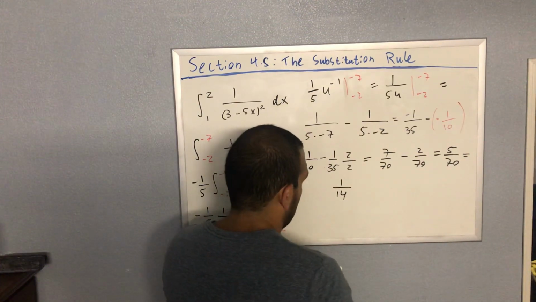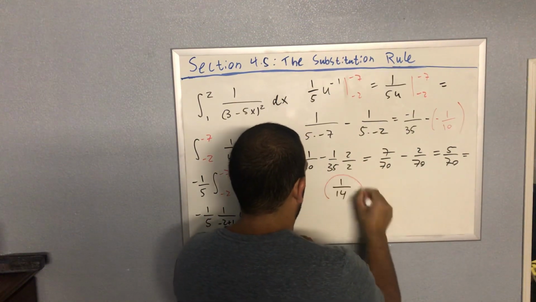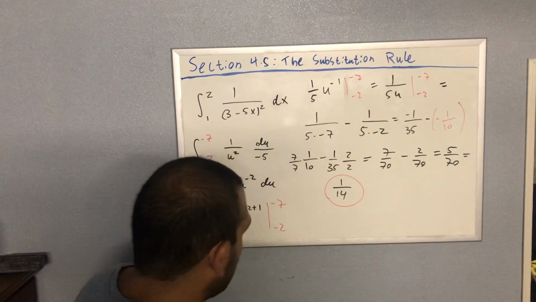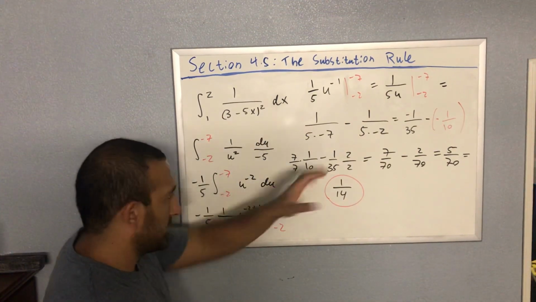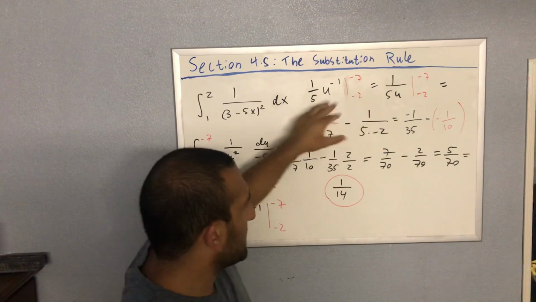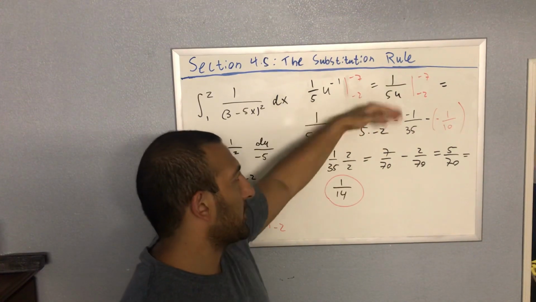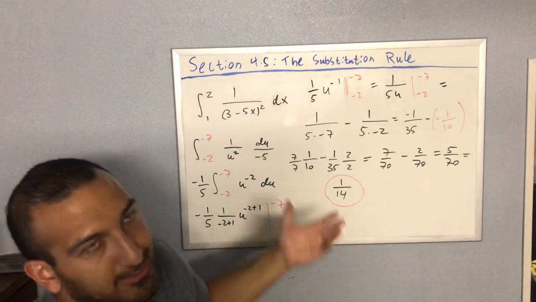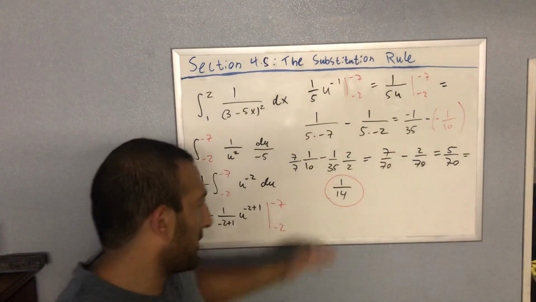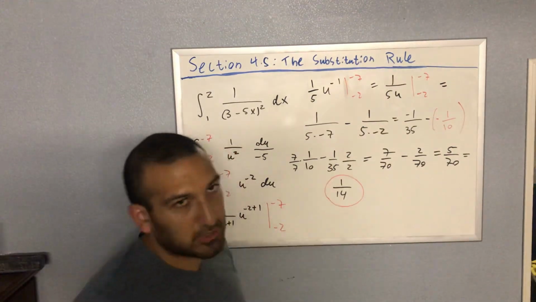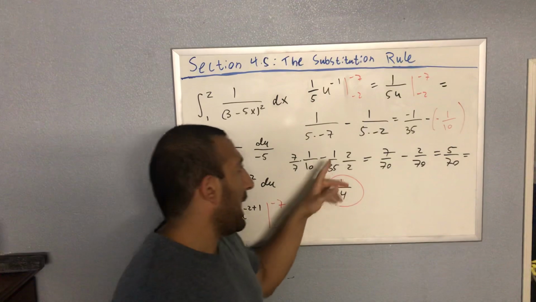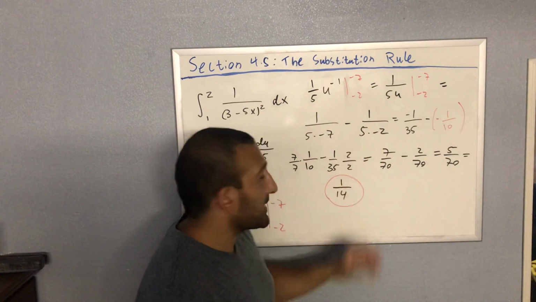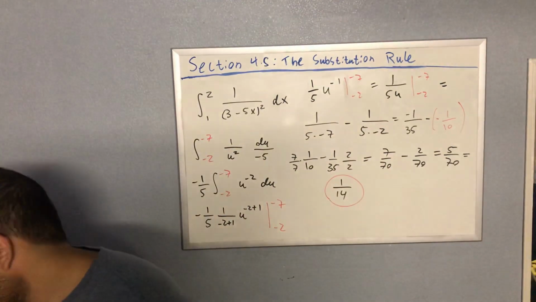Final answer. Okay, so the calculus stops at this point after we do this, and then the rest is arithmetic. So I'm sure you know how to handle this, but it's good to just go over it to see how careful you have to be with these minus signs and things like that sometimes.